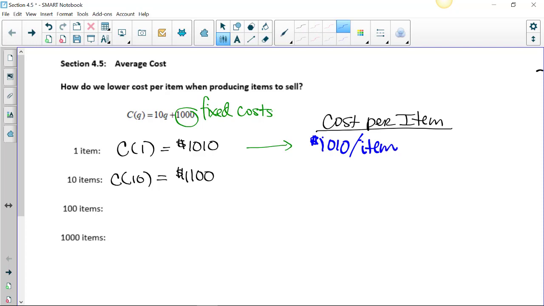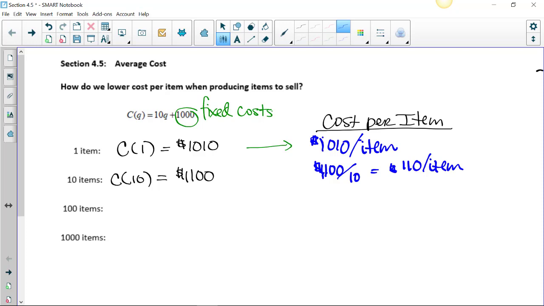One item is costing us $1,010. But if we make 10 items, the total cost is $1,100. We divide that up into 10 items, so we're finding the average cost per item. 1,100 divided by 10 is going to be $110 per item.